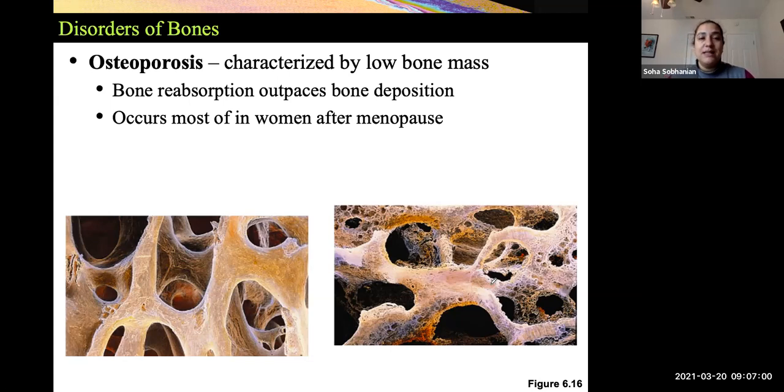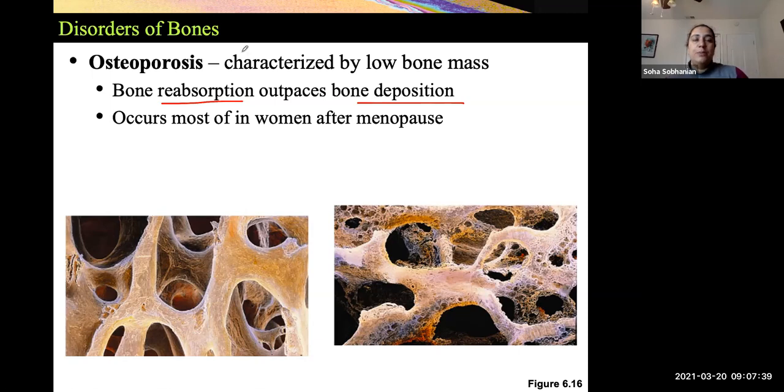Now it says the process, look at the words here. It says bone reabsorption outpaces bone deposition. So what this means is bone reabsorption means not the formation of the bone, but breaking down the bone, which is done by your osteoclasts. It outpaces, which means it's doing it faster than bone deposition, as in you're adding bony tissue, which is your osteoblasts.